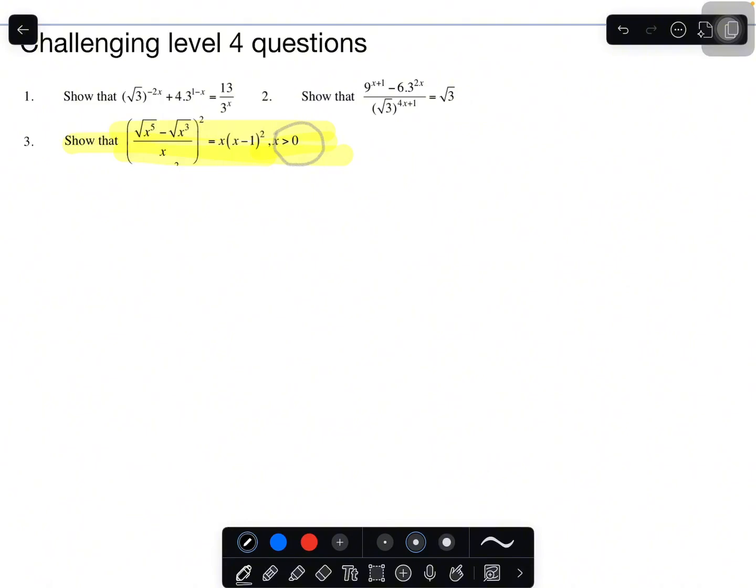What did I do? Again, I'm going to work with the left hand side. And for my left hand side, since I have a square there, I'm going to put down my denominator first because that's the easy part to work with.